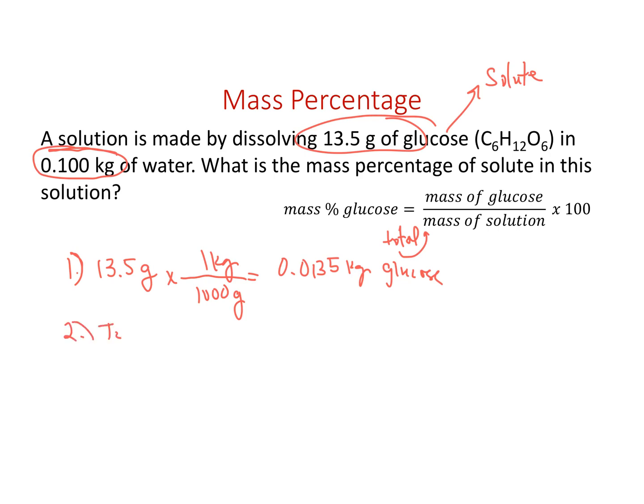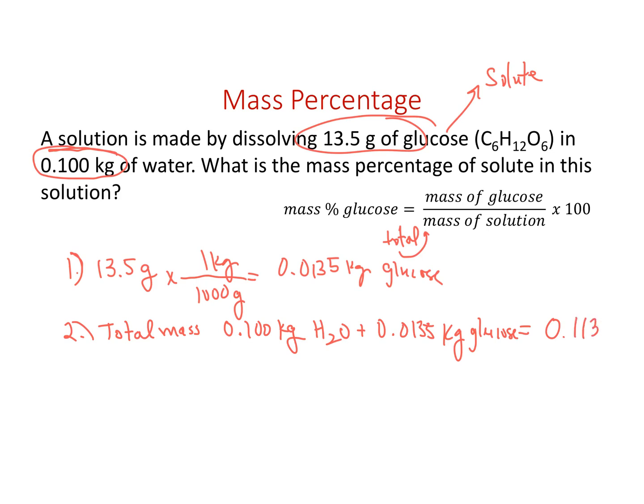My total mass, now that I both have the same units of mass, is 0.1 kilogram of water plus 0.0135 kilograms of glucose. My total mass is the sum of those two masses. My total mass would be 0.1135 kilograms.